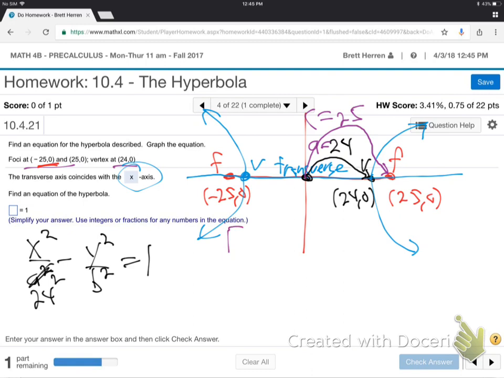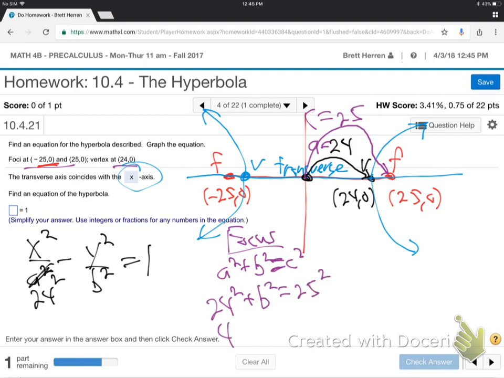So if you use the focus equation, a squared plus b squared equals c squared. For the hyperbola, whatever sign is in the main equation, it's opposite in the focus equation. So that means 24 squared plus b squared is 25 squared. Is that 576 plus b squared is 625? Oh, 576.